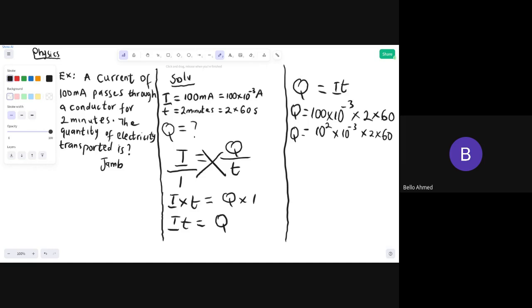I'm trying to elongate this for simplicity. So this 10 raised to the power of 2 times 10 raised to the power of minus 3, I can apply law of indices here.